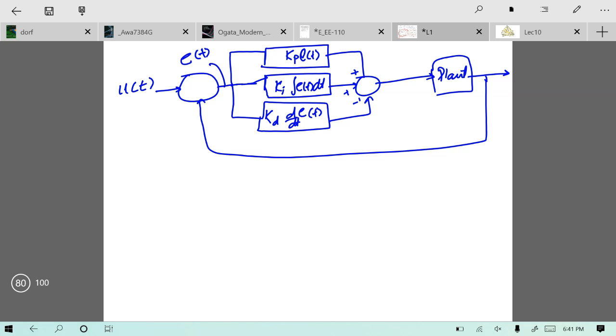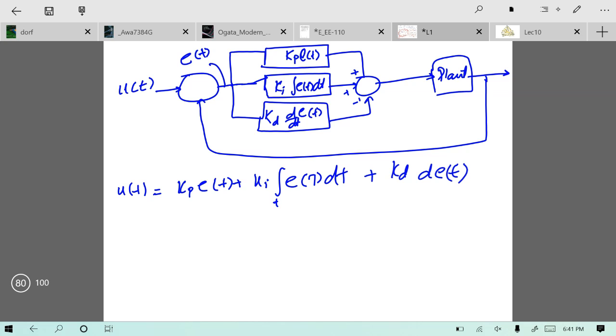If I try to write it in mathematical form, it would actually be the same. Writing it as an expression, it would be Kp E of t plus Ki integral over t of E of tau d tau, plus Kd dE of t over dt.